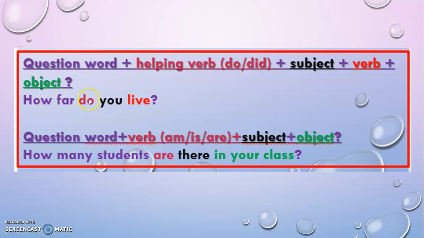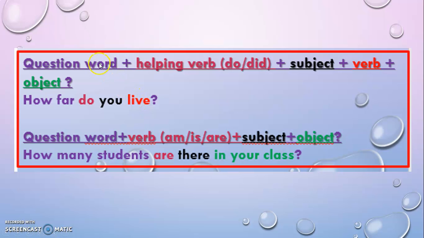So how far do? Then you would use a subject, you, and then a verb, live. And also you can add an object if you need, but it's not necessary. So how far do you live?